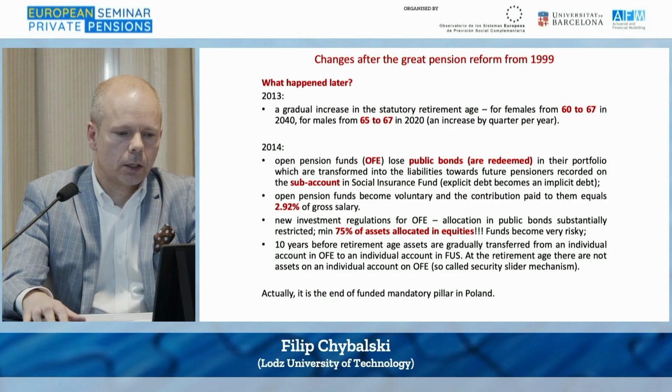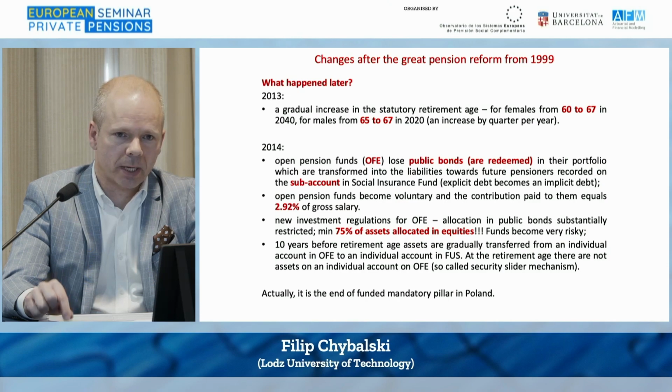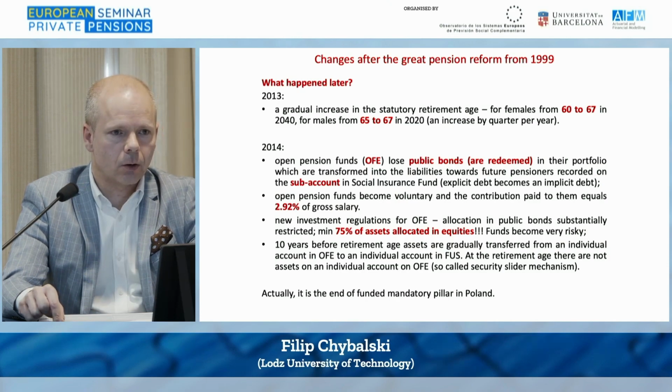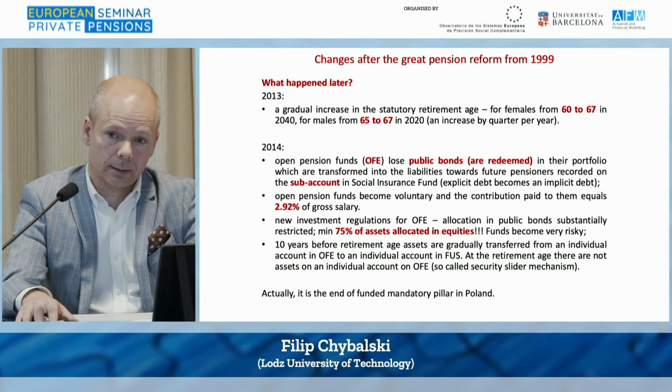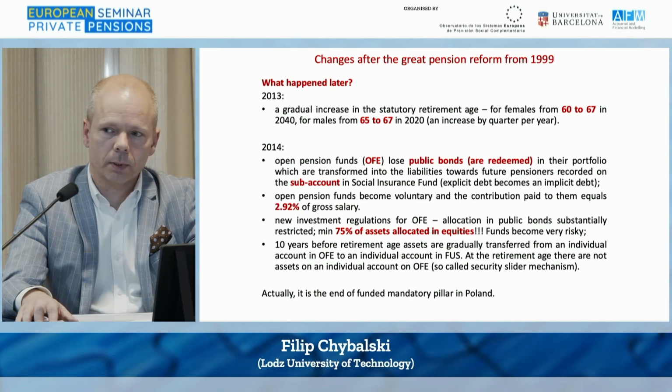New investment regulations for open pension funds require at least 75% of assets allocated in equities. So our pension funds are very risky, one can say. However, don't forget that the contribution paid to open pension funds is only 2.92%.